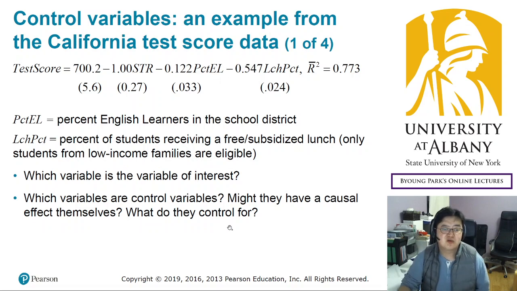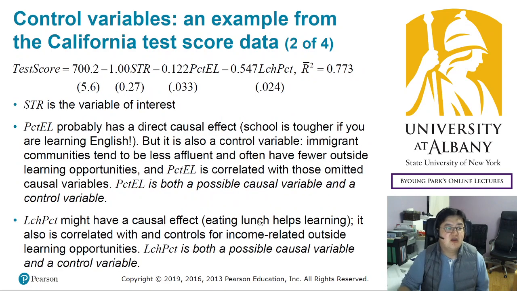As I said, they are controlling for family income, not themselves. If you are interested in the effect of one of them, that is possible, but you need a totally different story. You need to set up a different story, like what if the percentage of English learners increases, what would be the increase or decrease in the test score?